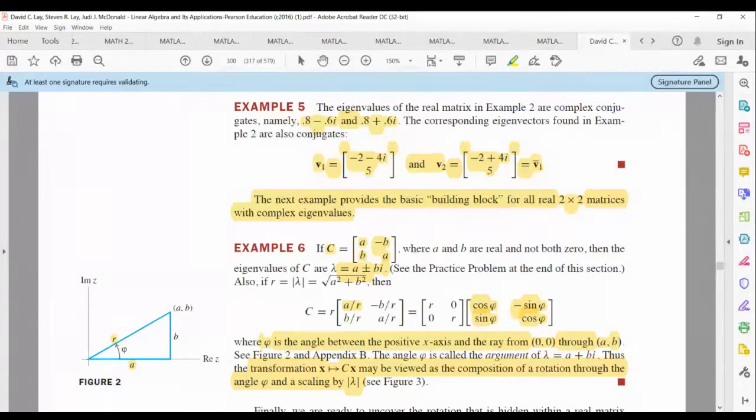The modulus of lambda is R. How many have heard of the word modulus before in terms of complex variables? Okay, Benjamin has, Shivani has. Okay, great.